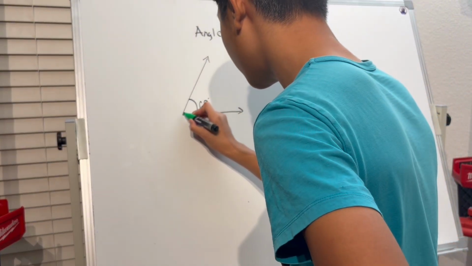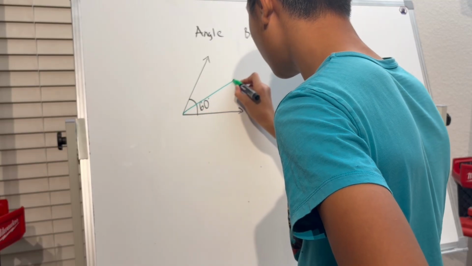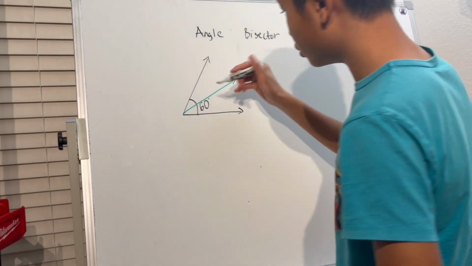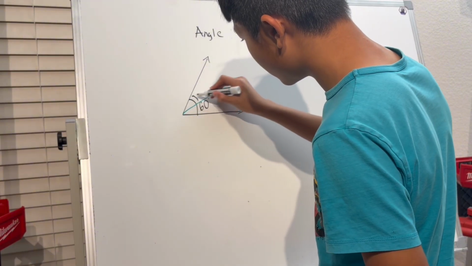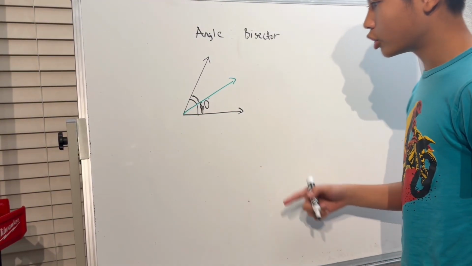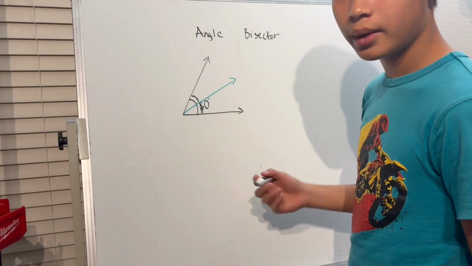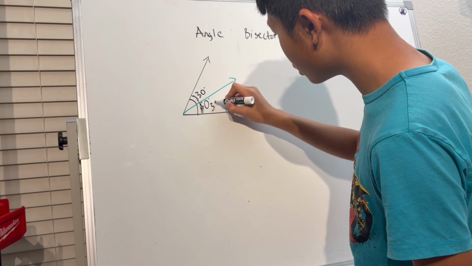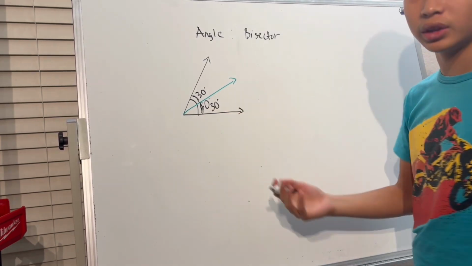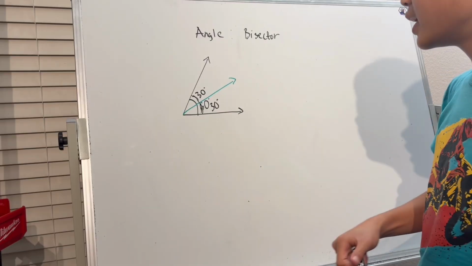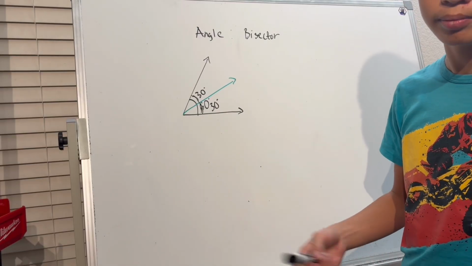This ray splits the angle, so this small angle is congruent to this angle. If split in half, 60 divided by 2 is 30. So this angle is 30, and this angle is 30 as well, because they add up to 60. And this green line right here is the angle bisector. Very simple, right?